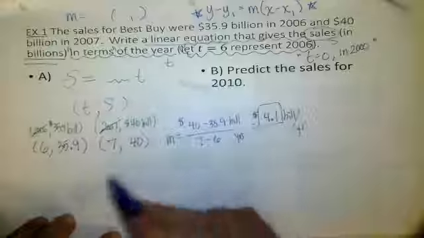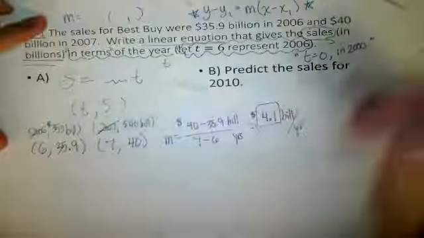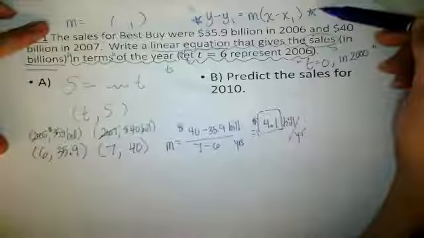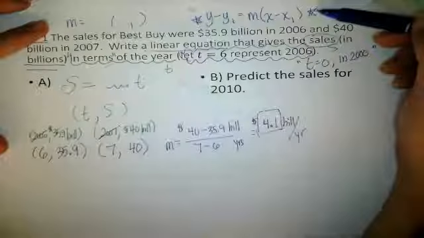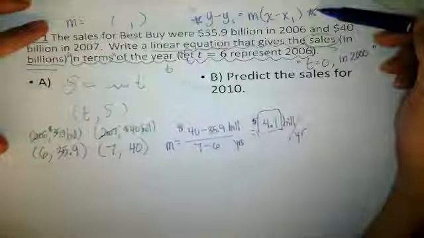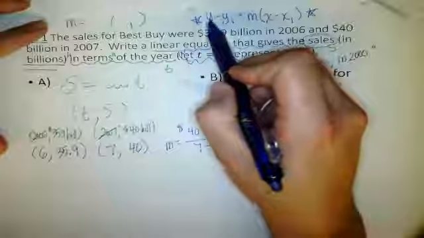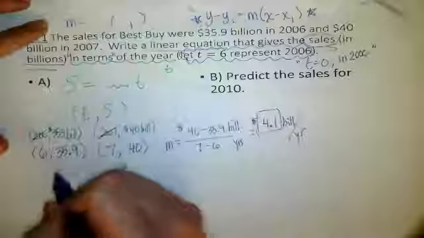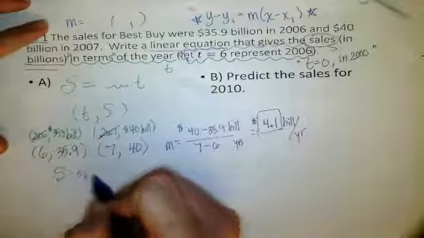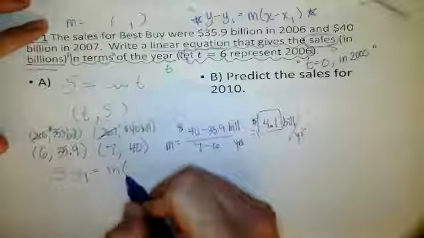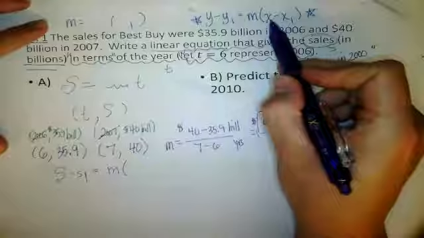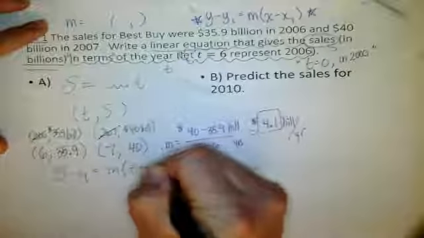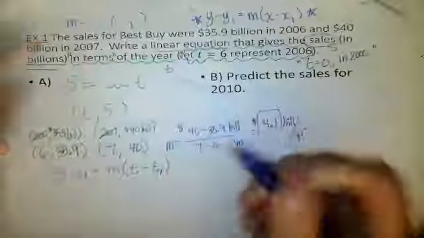All right. So now I would plug it into point slope form, but again, I don't have x's and y's. What am I using? S's and t's. So what am I going to use instead of a y? S instead of y. So it's s minus s1 equals m times the quantity. I'm not using x's. What are we using? T for time. T minus time 1. Okay.